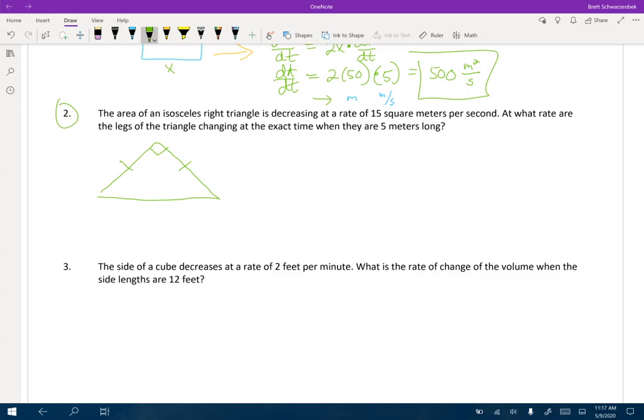Or what are we given in this problem? We're actually given the area and the rate at which it's changing. So what we're going to have to do is label each side with a variable. So these two will be x, right? Just note, remember we used tick marks back then in geometry to represent two sides that are the same.